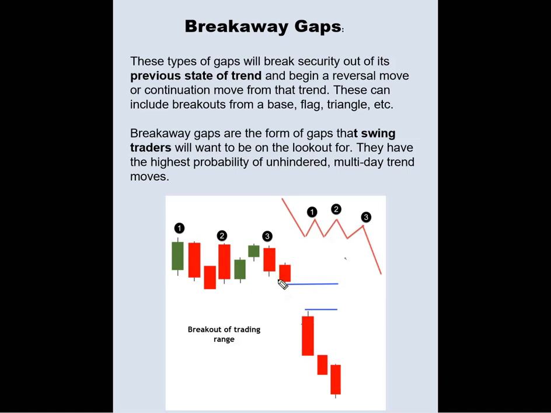Swing traders should not consider trading these kinds of breakaway gaps if the weeklies are overlapping, if the weeklies are in a trading range like this. So if the weekly candles are like this, then you should avoid trading these breakaway gaps for swing trading purposes. Or if your weeklies are in a lower lows, lower highs environment, right?